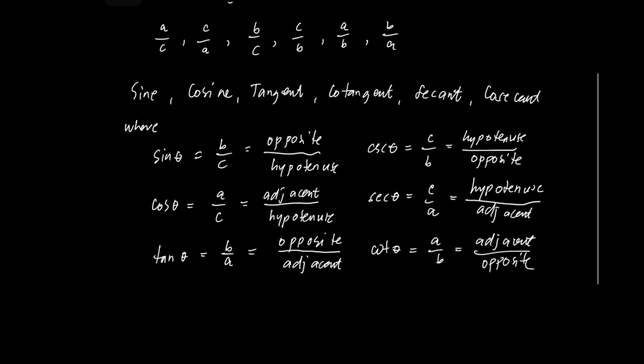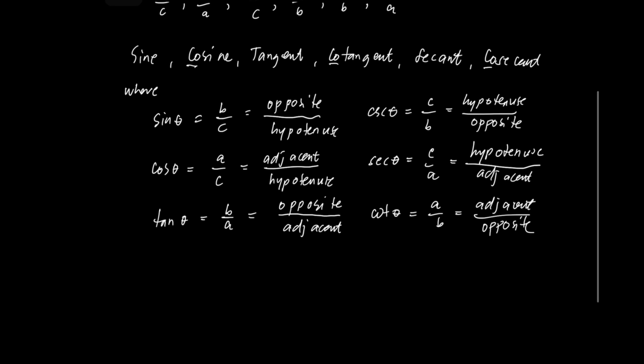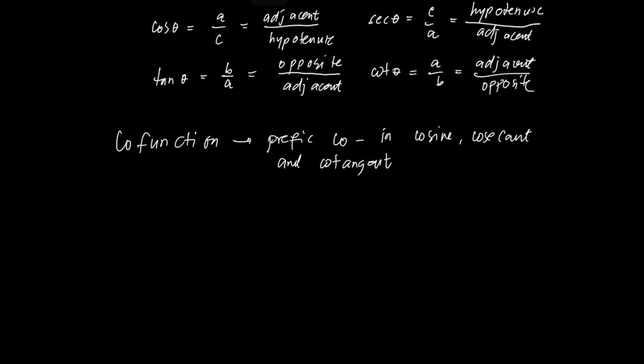Now, as you can observe, there are trigonometric names with co. We have the cosine, the cotangent, and the cosecant. Actually, the prefix co in cosine, cotangent, and cosecant means cofunction. So again, if we consider the right triangle, this is C, this is B, and this is A, and this is theta, and this is alpha.